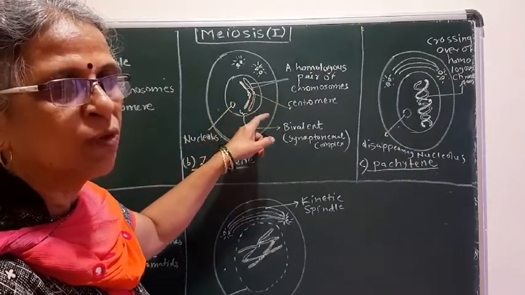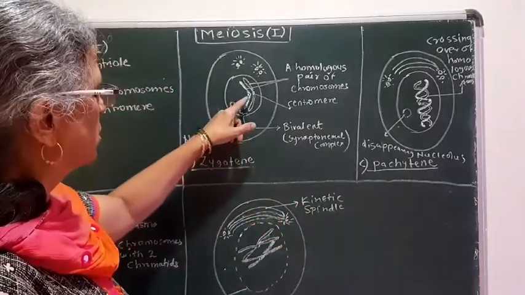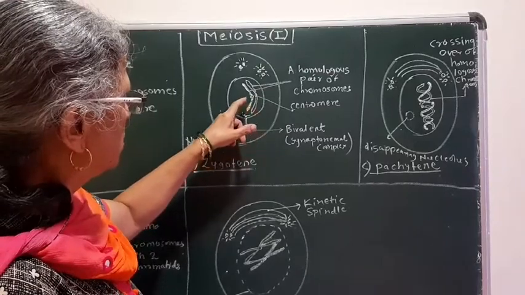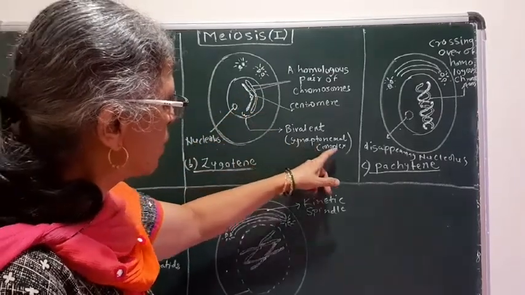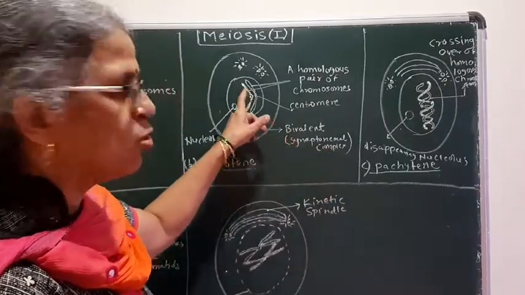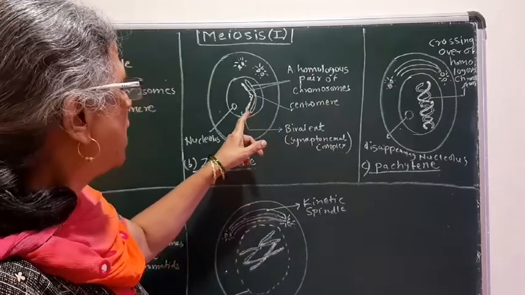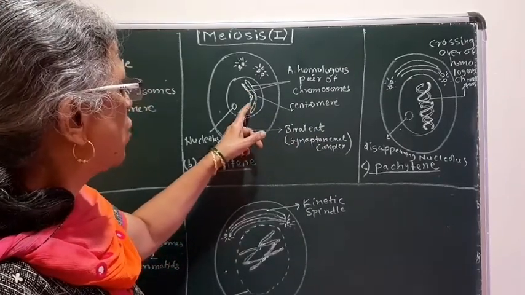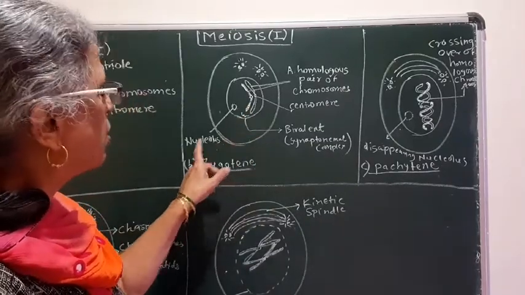In books they show it by shading, but I have shown it like this. So this pairing is known as synapsis. They form a synaptonemal complex, which holds the homologous chromosomes in place, and afterwards each chromatid of the homologous chromosomes divides to form a tetrad or a bivalent.